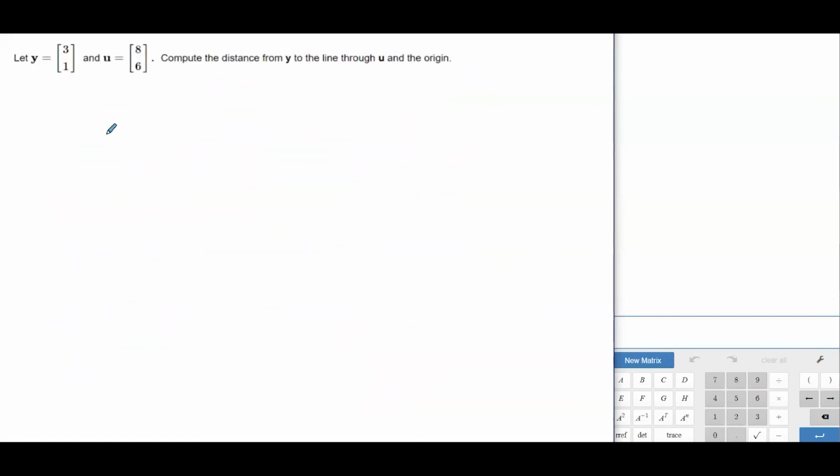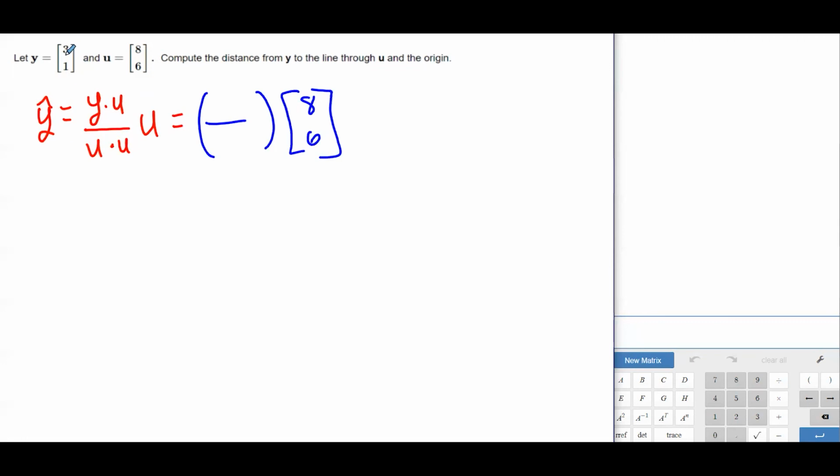Okay, so let's do the projection first. So y hat is y dot u over u dot u times u. So y dot u is 24 plus 6, so that's 30. And then u dot u is 8 times 8 is 64, 6 times 6 is 36, and 64 plus 36 is 100.